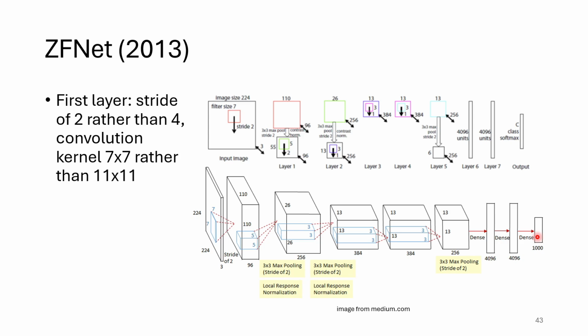But top 5 means if one of the top 5 numbers is the ground truth class, then your judgment will be treated as correct. So top 1 is more difficult than top 5.